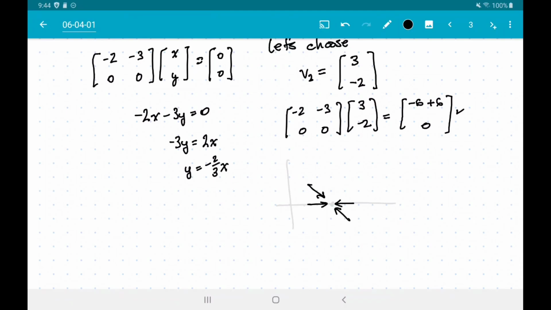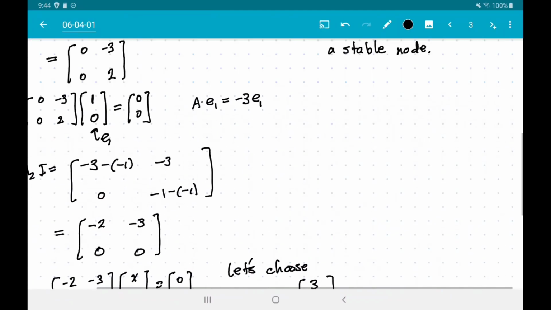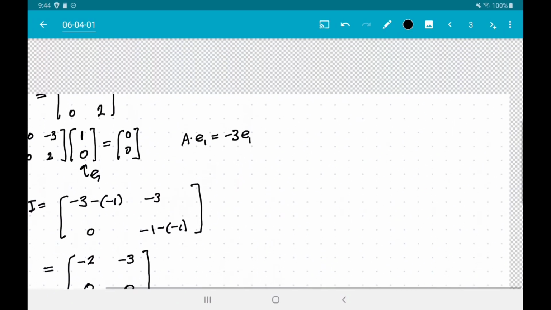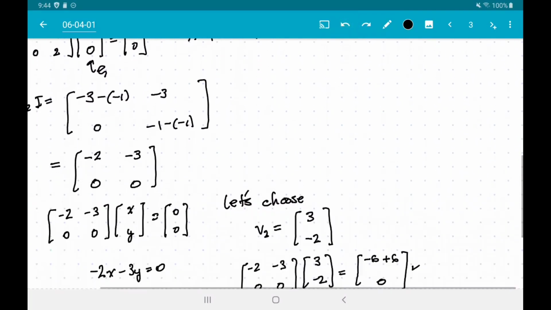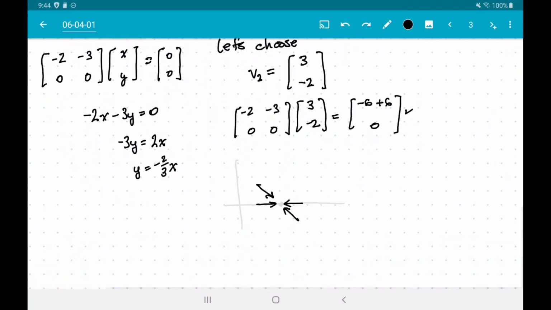Now, because the magnitude of this -3 is greater than the magnitude of the -1, the component of the solution in the E1 direction is going to decay exponentially much faster than the component in the other direction.